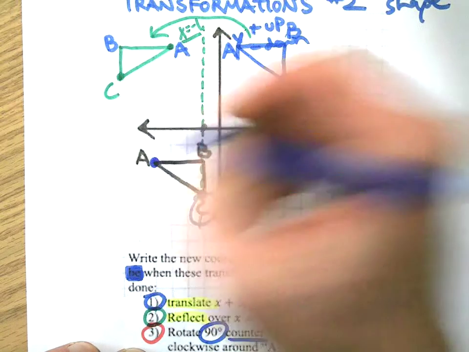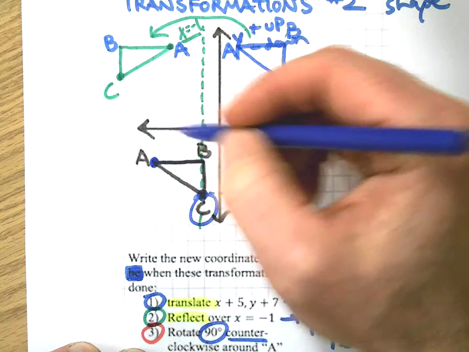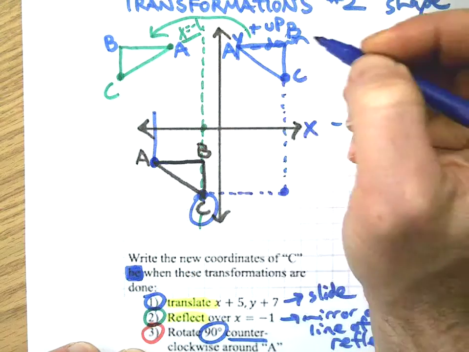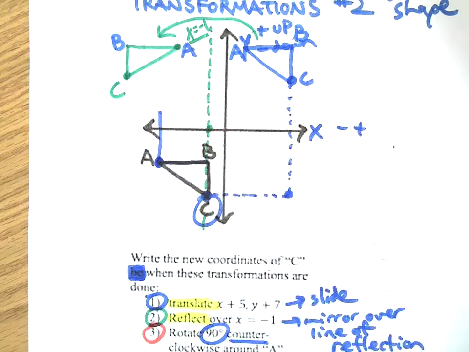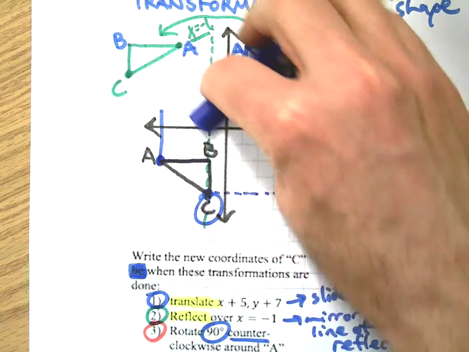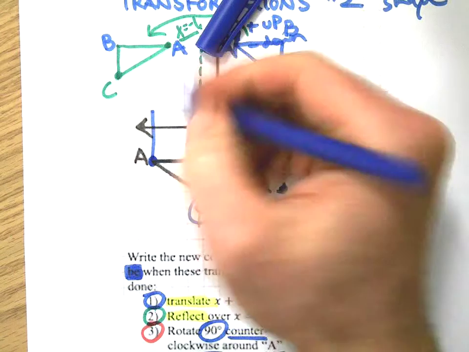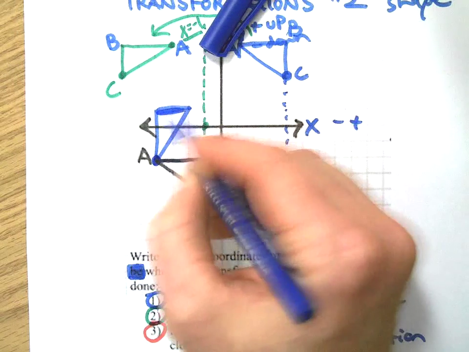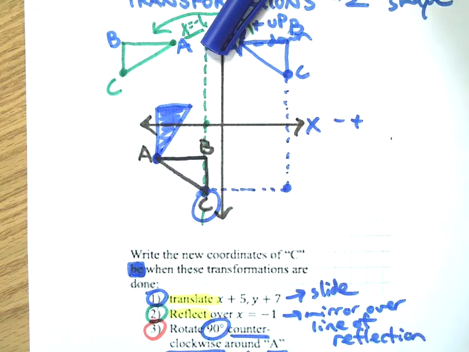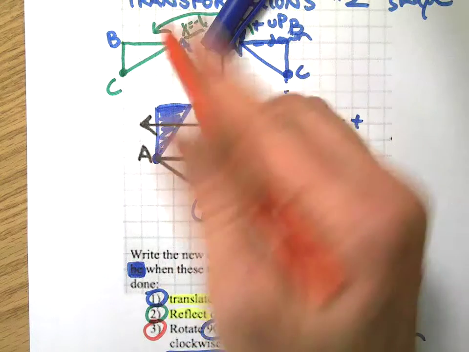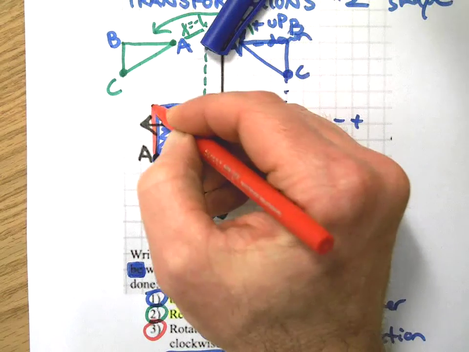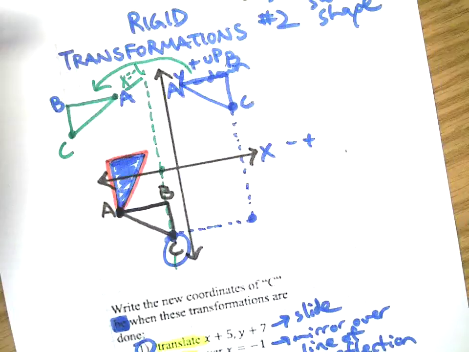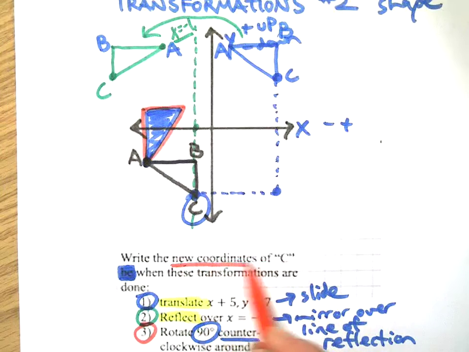This line is going to pivot around A, and then this part here is going to follow up there, and then the other part connects. There's my new shape. Yeah, that's red. Red was step 3. There's my new shape.